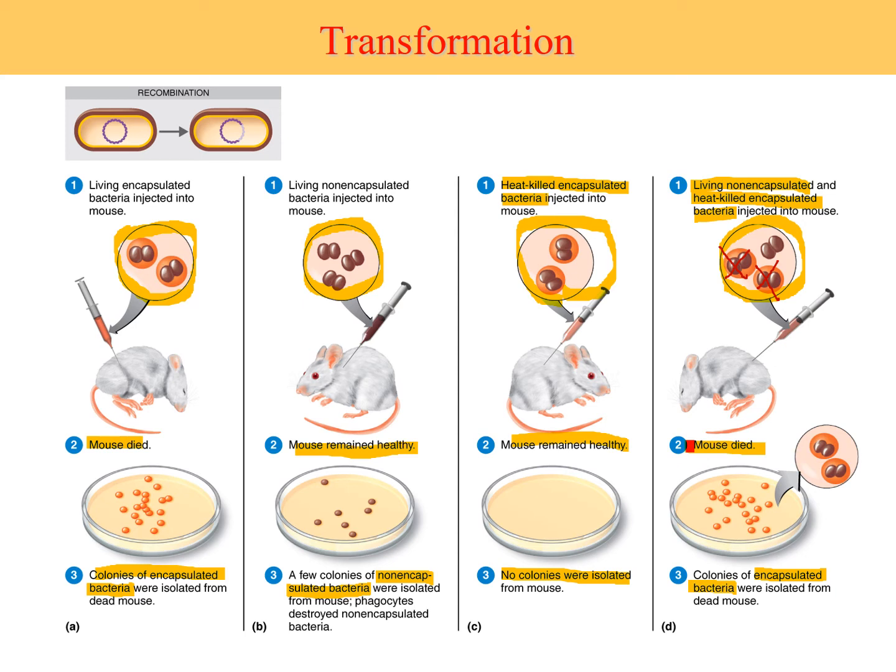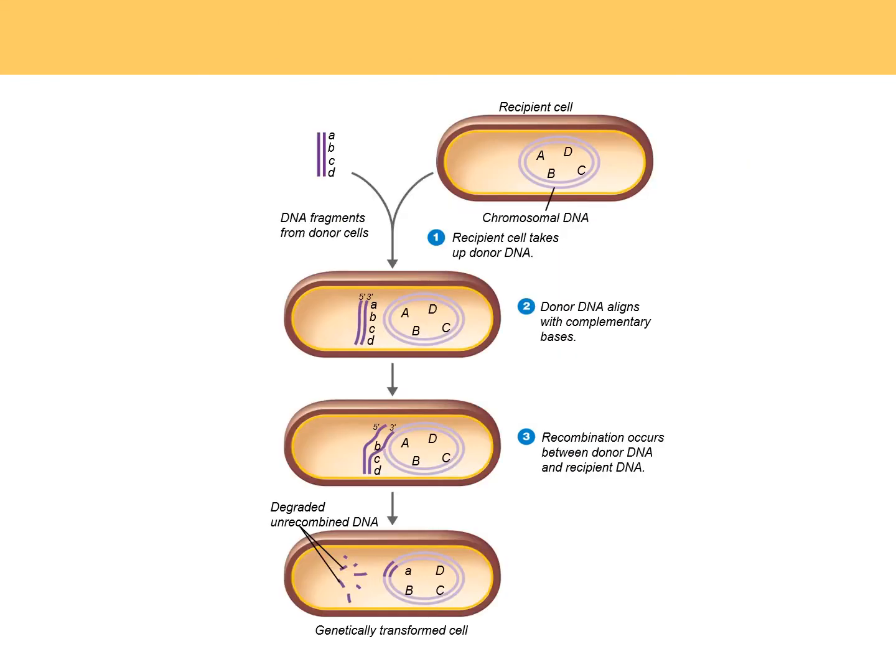The explanation for this was, in fact, that the free DNA, the DNA that is freed when the organisms were heat-killed, was taken up by the unencapsulated bacteria, and so then they had the ability to express a capsule. So genes can be horizontally transferred by this process of transformation.